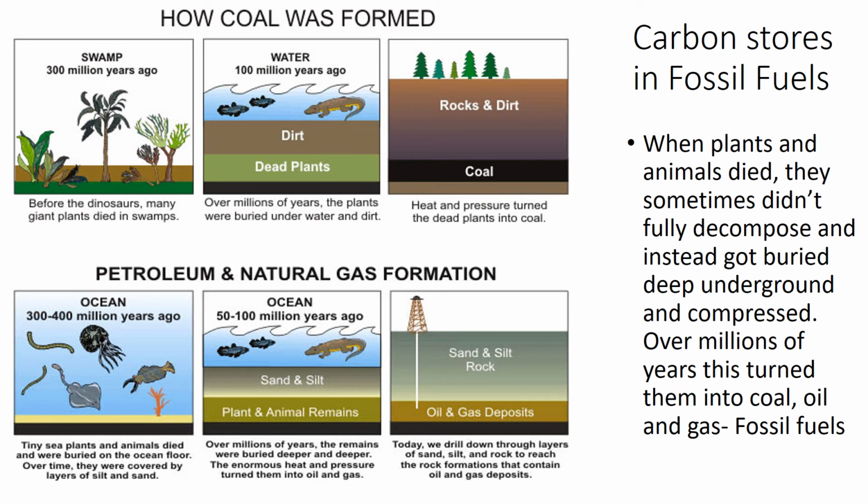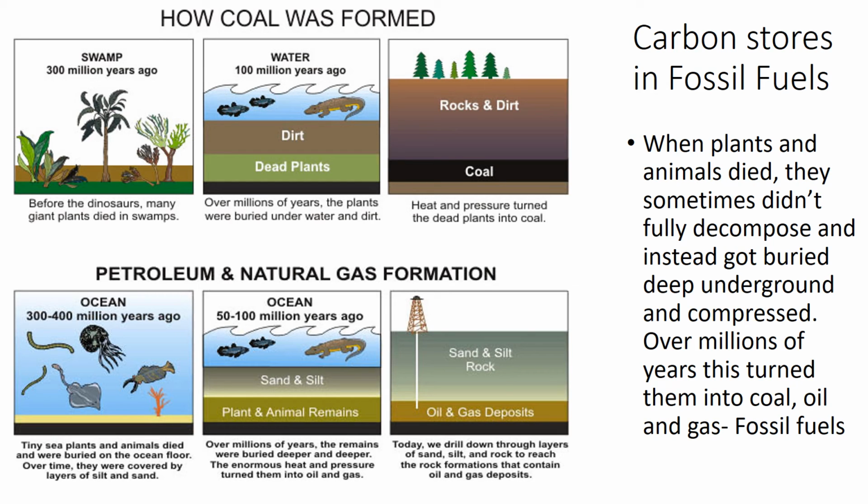Okay, so mainly coal would have come from giant plants from about 300 million years ago, and when they died, they obviously fell to the bottom of the ground and would have partly decomposed, but anything that didn't decompose would get buried and then compressed, and that's how you get your coal.